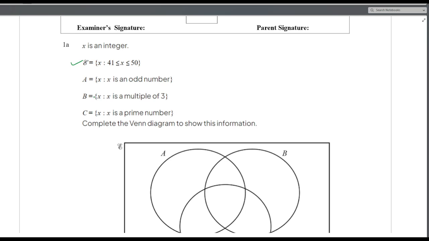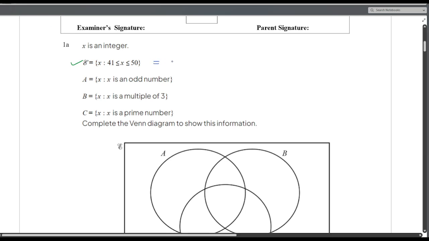So for set A, B and C, our lower limit will be 41 and the higher limit will be 50. Now the first thing which we should do is, if possible, write them in a general form where I can see each and every element.